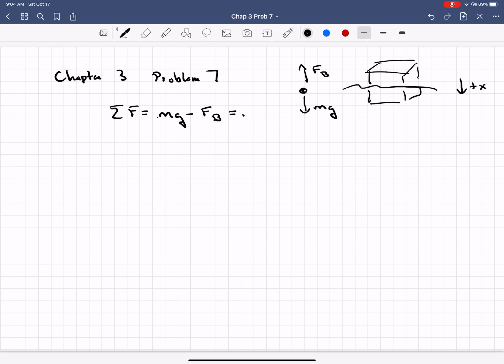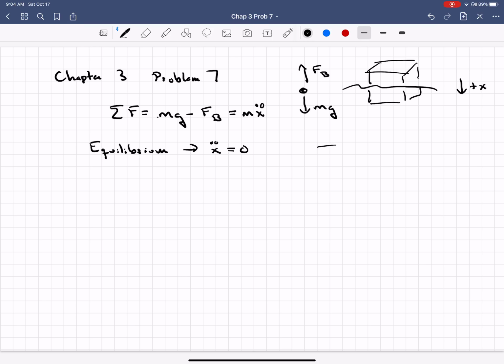So the sum of the forces is equal to m x double dot. Now, the first thing to do is to think about this problem in equilibrium. In equilibrium, when it's just floating there, the acceleration is 0.